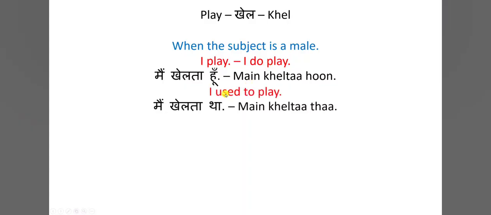Now, to frame this sentence, I used to play, all you need to do is replace the present tense be verb हूँ with था. मैं खेलता था. And that is all. This sentence means I used to play.